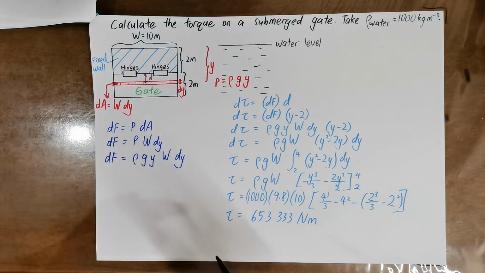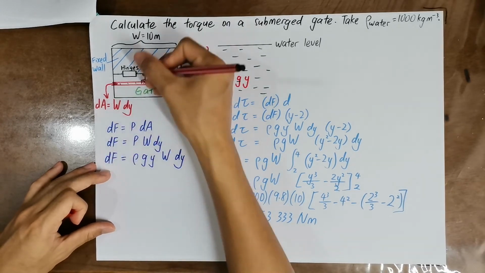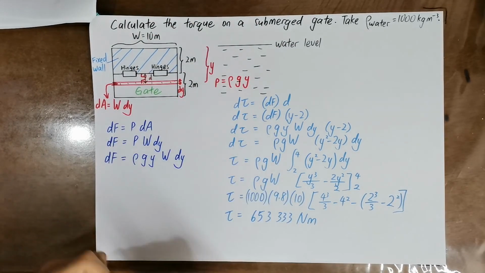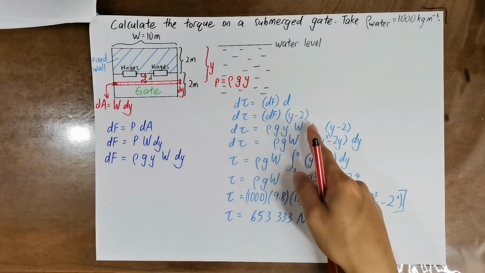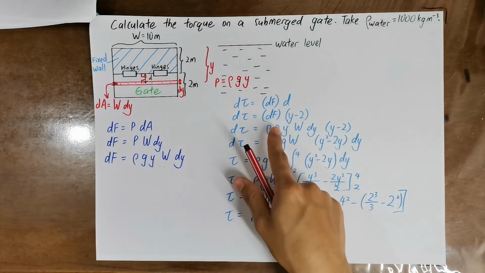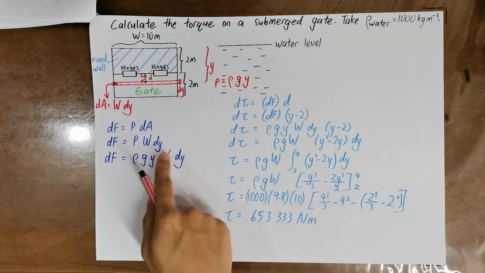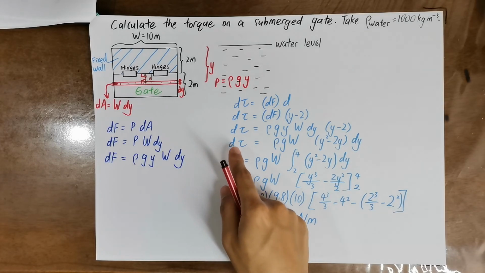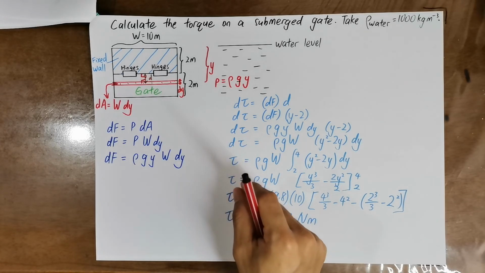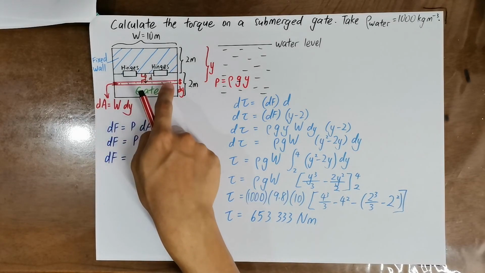When you hear the word shortest, you know this is a right angle. So d is y minus 2. And then what is dF, please? dF is this one. You bring everything here. So d tau is the small element of torque acting on this tiny strip only.